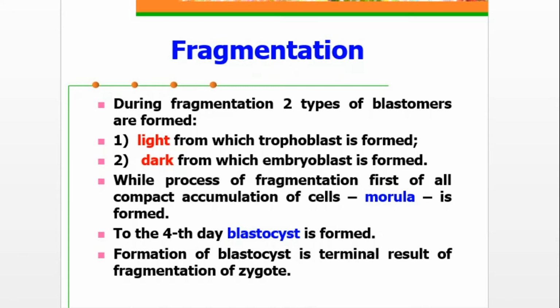A special property of these divisions, which are named fragmentation or segmentation, is that the next generation of cells becomes smaller and smaller, and this mitotic division is followed by decreasing size of cells and increasing number of cells. This happens because of short interphase between mitotic divisions.